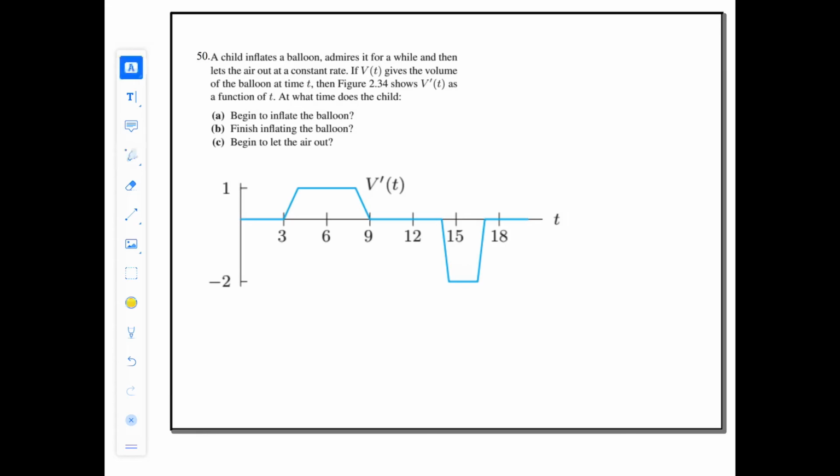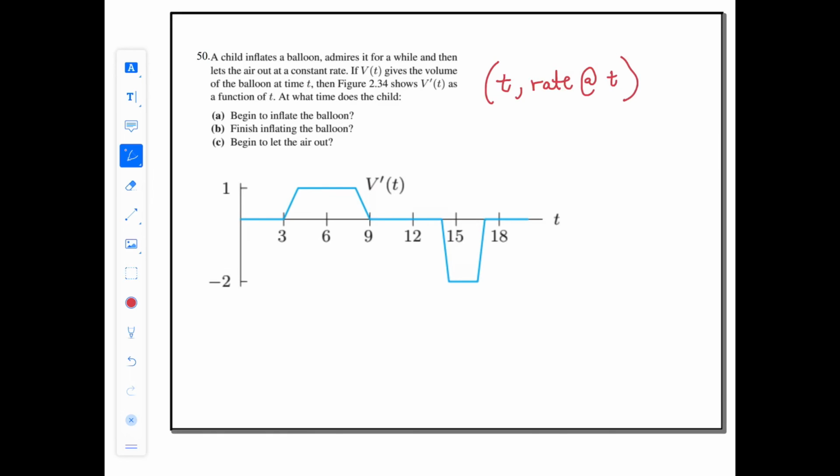And we're given that V prime, which is sketched below, is the derivative of that volume. So let's remember that in this problem, these are my y values. At t, the rate at which our volume is changing at time t is what is plotted.